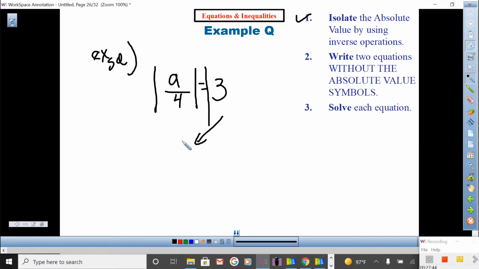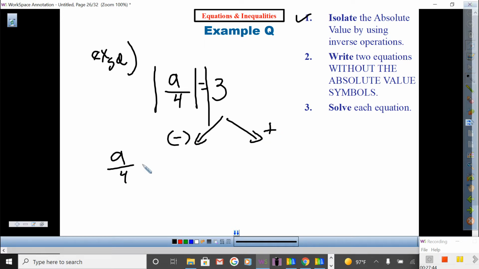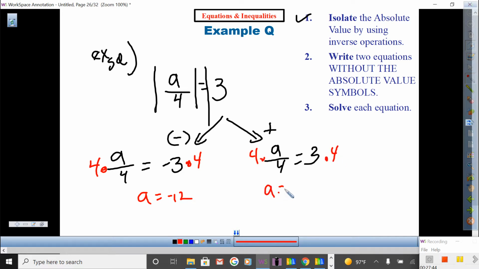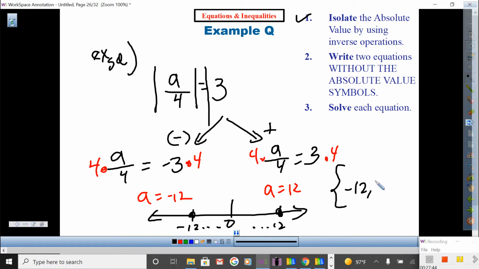Yeah, so that means at this point I do 1 for my negative and 1 for my positive, so you should have written A over 4 equals negative 3, A over 4 equals 3, and then the last step we solve, so that means times 4, A equals negative 12, times 4, A equals 12, and my graph, negative 12, dot, dot, dot, positive 12, dot, dot, dot, solution set, negative 12, comma, 12. All right, one more of these.